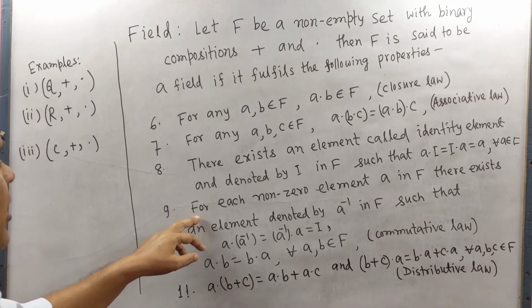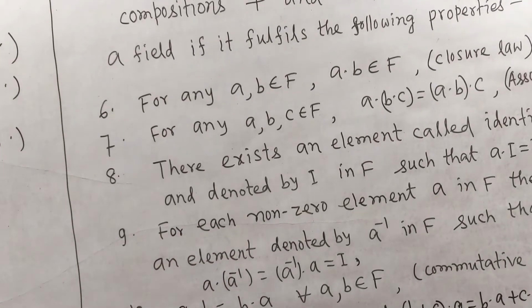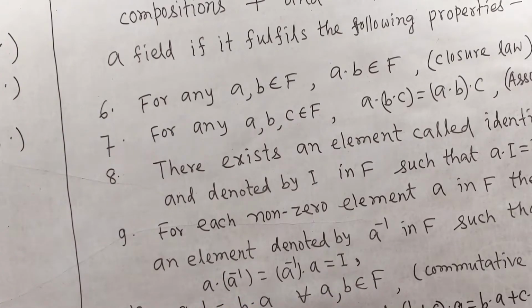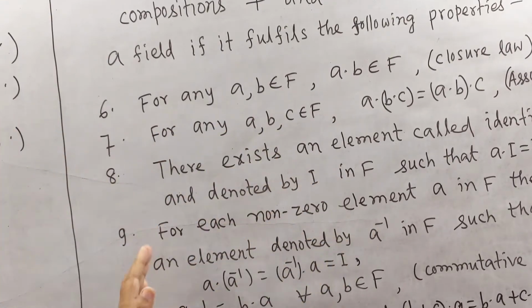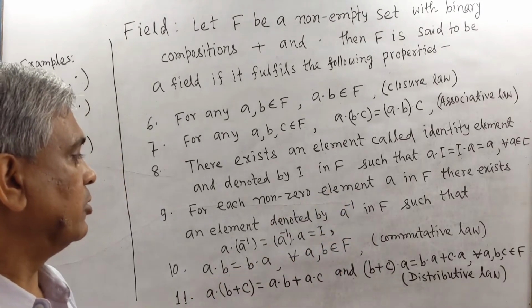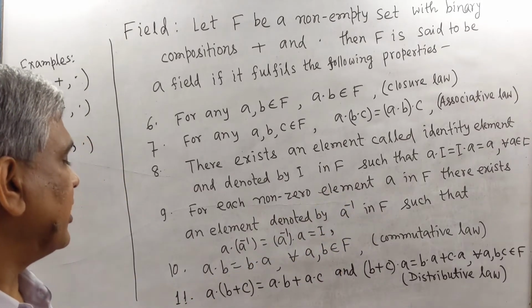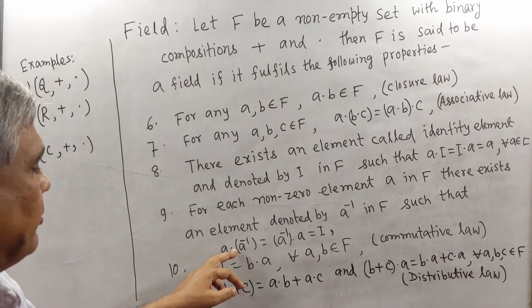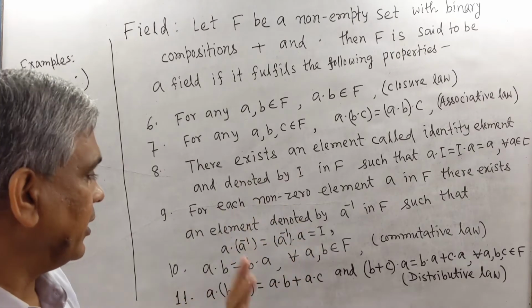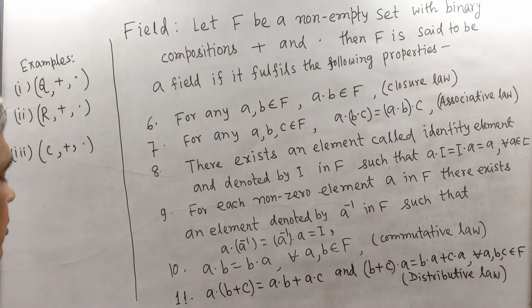Number 9: for each non-zero element A in F, not for all elements of F, only those elements which are non-zero, there exists an element denoted by A inverse in F such that A multiply A inverse equals A inverse multiply A equals I.